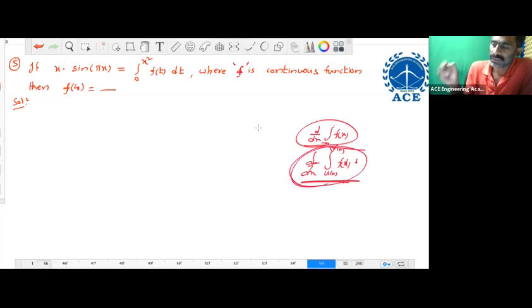If we don't have limits, we apply the other property. But for this integral, we have limits, and one of them is a function of x. That is why we should apply this property. So using property number 13, first we try to get the function, and then we write the value of the function at the particular point 4.